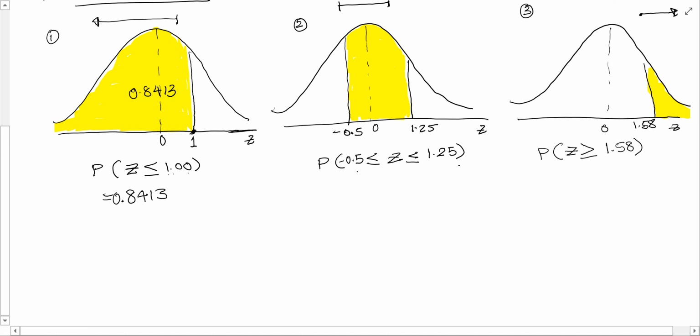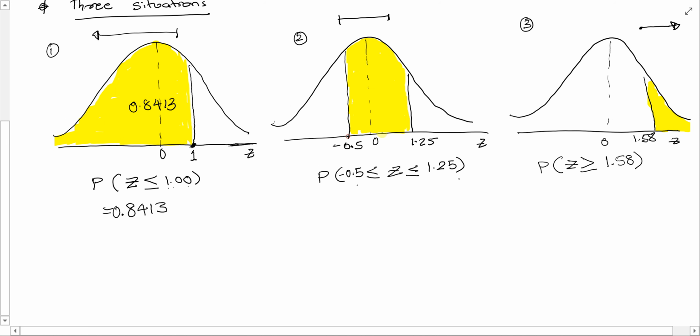Then in the second case, we are interested to find out the area between two values of z, and the table is always going to give you the area to the left of a certain value. So here we would first find the area to the left of 1.25. We find the area to the left of negative 0.5, and then the difference of the first and the second will give you the area in between.